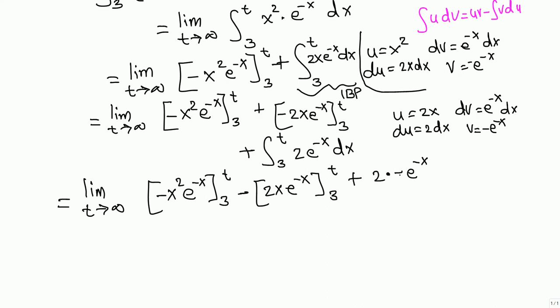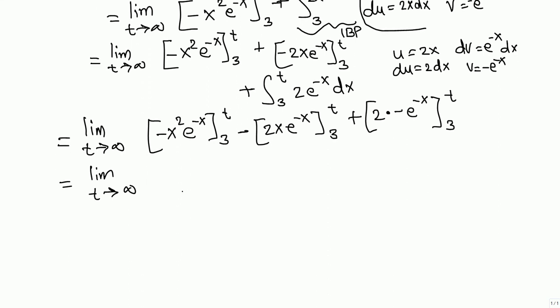I am putting that negative over there, and we need to evaluate from 3 through t. So let's evaluate everything at the upper limit t minus everything at the lower limit 3.